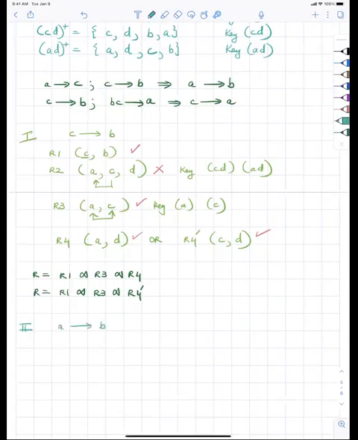Can you do a decomposition into Boyce-Codd normal form starting with this one? R1 will be A, B, with A going to B, so the key is A. So can you do the division for this one?